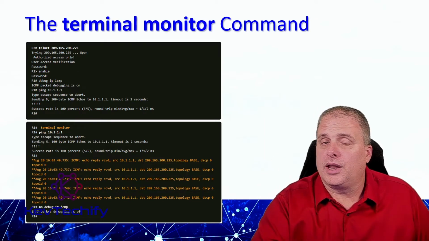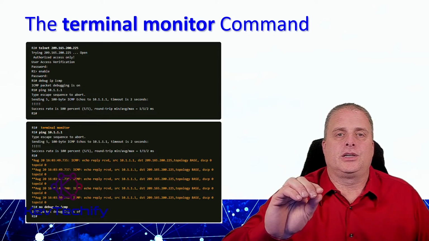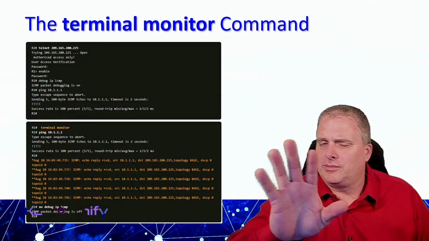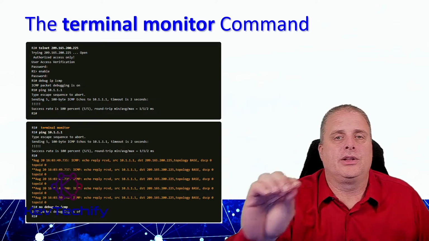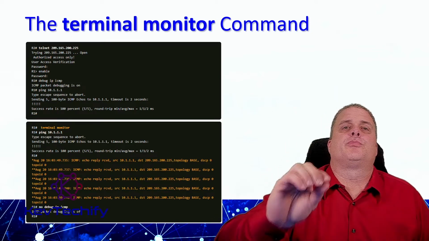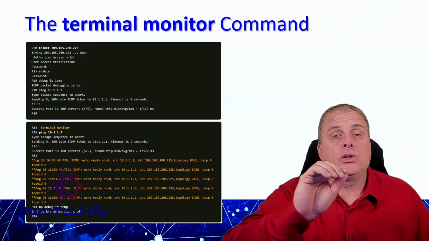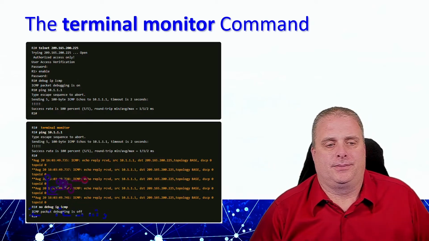But on a remote connection, most of those messages don't come through. And what terminal monitor does is, on your remote connection, when you're using Telnet, please don't use Telnet, use SSH, but when you're using your remote connection, Telnet or SSH, it will display those system messages across that connection. And that will allow you to see those system messages as they pop up.